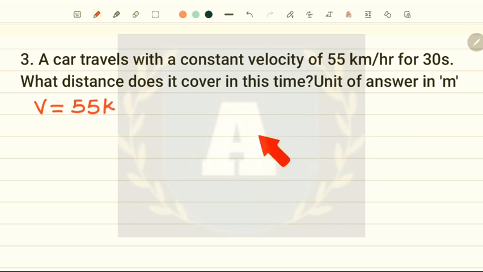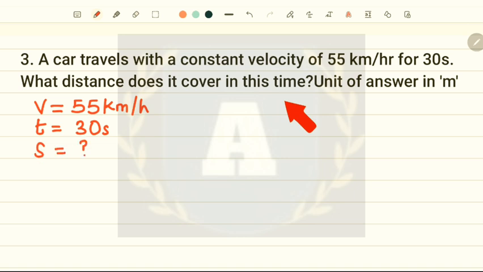So the velocity here has been given to be 55 kilometers per hour for 30 seconds, and the time is 30 seconds. It asks, what distance does it cover in this time? So we are asked to calculate the distance it covers in this time.